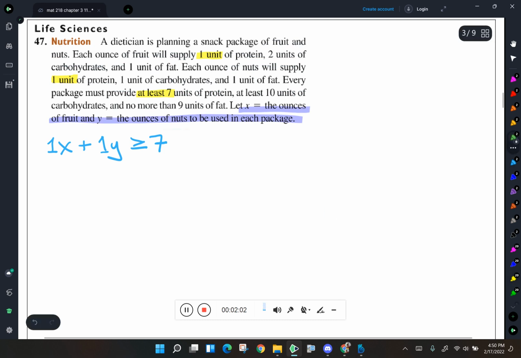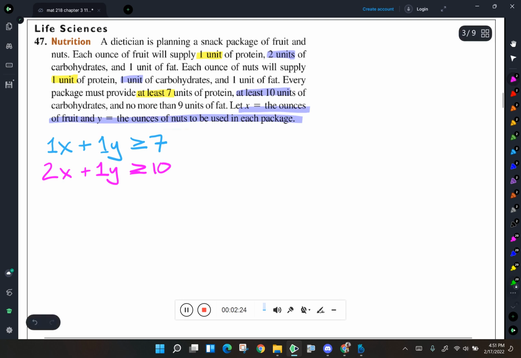Okay. What about the carbs? I got 2 units from the fruit, 1 unit from the nuts, and it must be at least 10. So 2 units from the fruit plus 1 unit from the nuts must be at least 10.